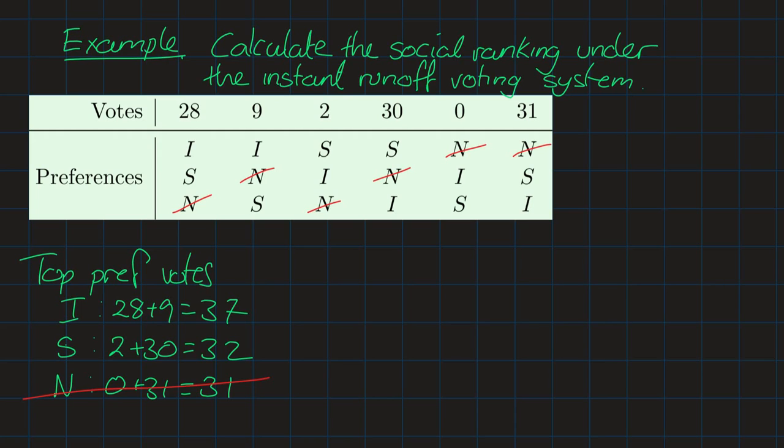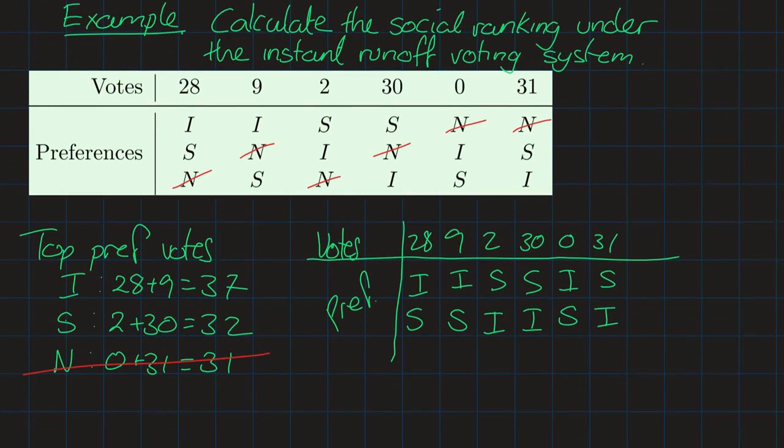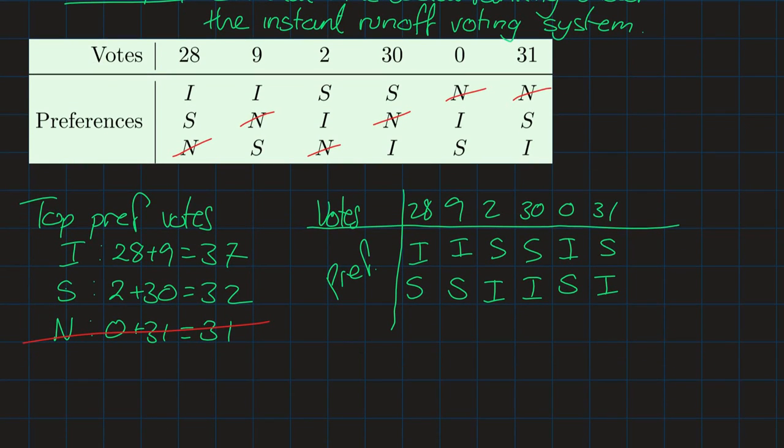I think it's useful to redraw the table, so I redraw it without the N. Like this: 28, 9, 2, 30, 0, 31. Now I again look at the top preference votes.